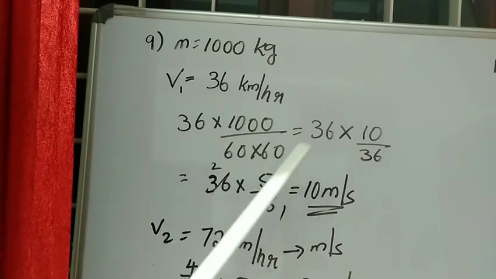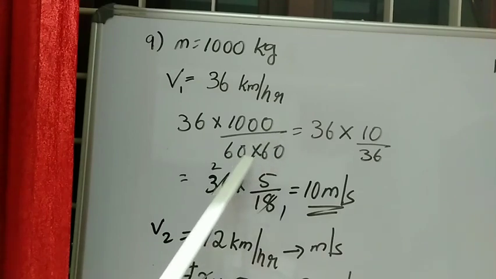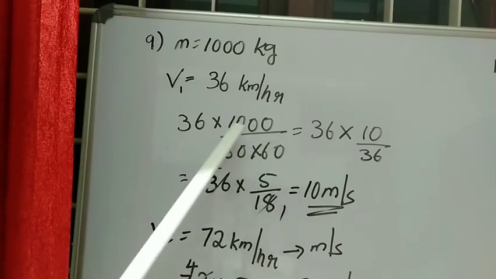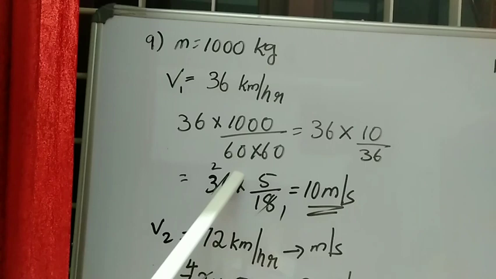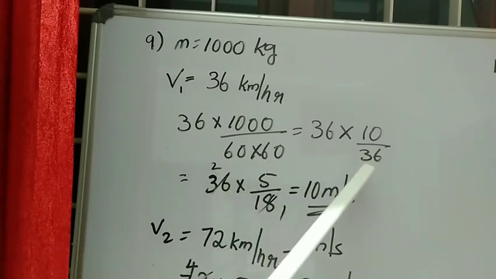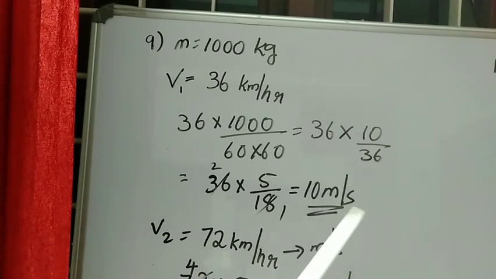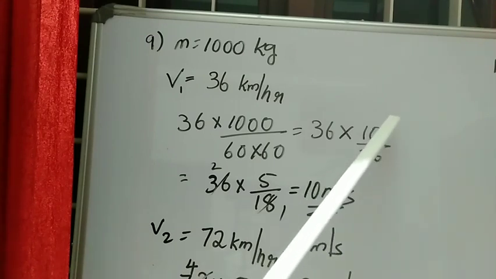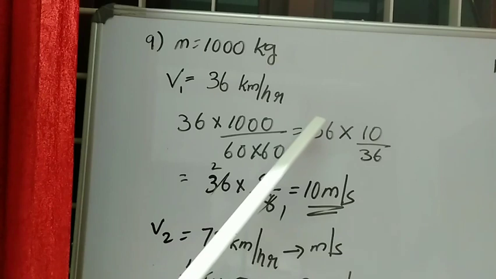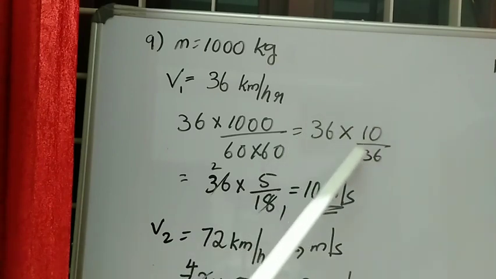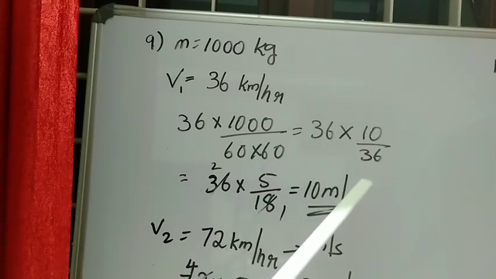So we will get 36, here 2 zeros and here 2 zeros get cancelled. What remains in the numerator is 10, and denominator 6 into 6, 36. So 36 into 10 by 36. When you cancel, 10 by 36 gives 5 by 18.